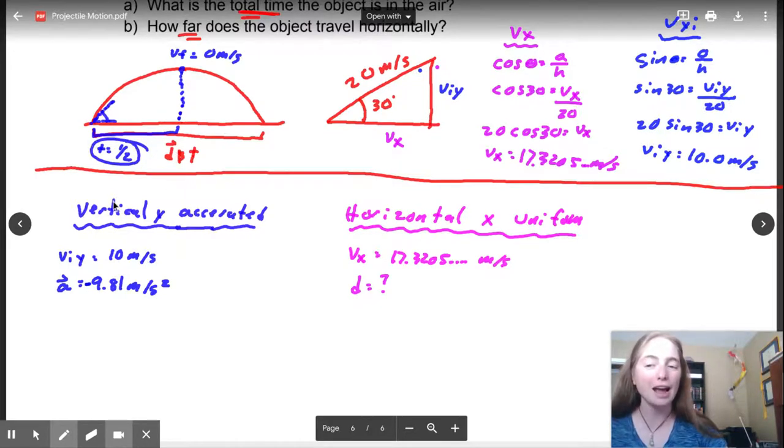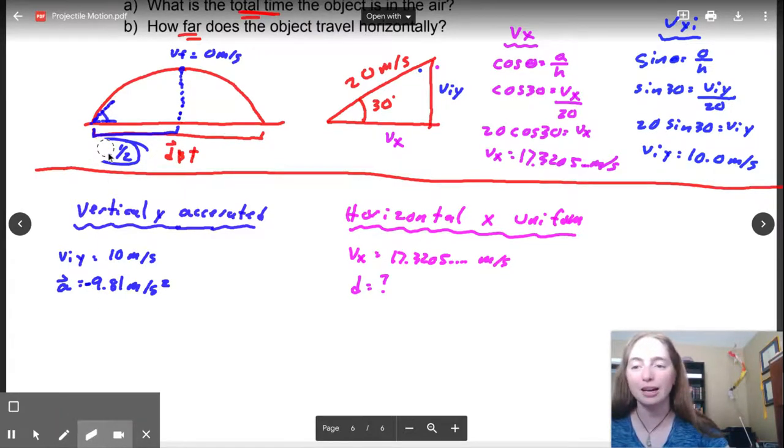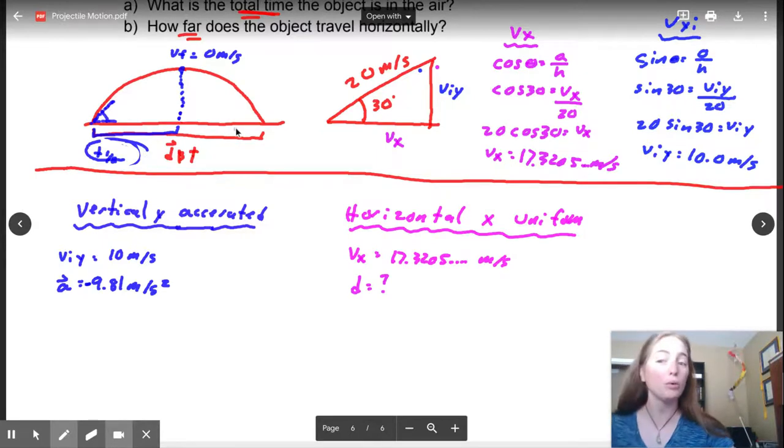It's going to be half of time. Okay, I'm going to actually rewrite that. This time isn't going to equal half. It is going to be t half. Okay? We want t total. So if you choose to use VF equals 0, that is where the half point is with time. So you need to take that into consideration. You are going to have to double your time once you get it.